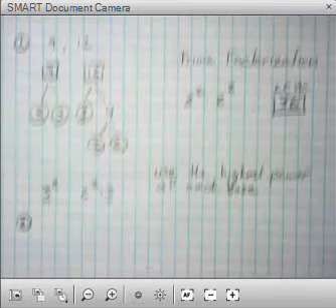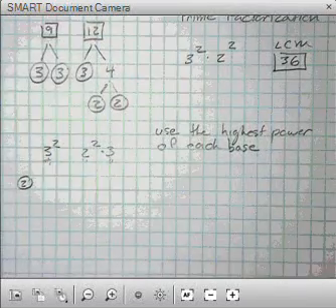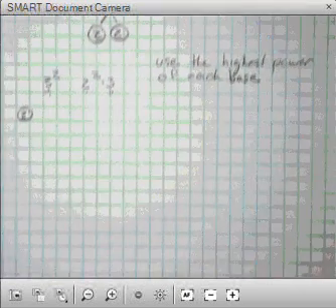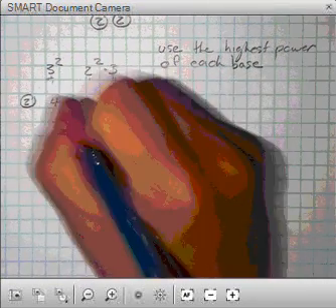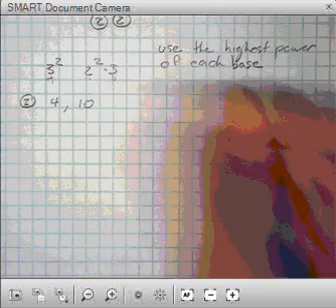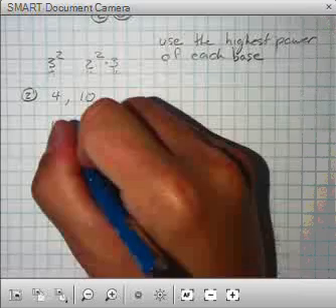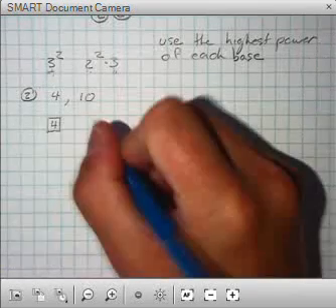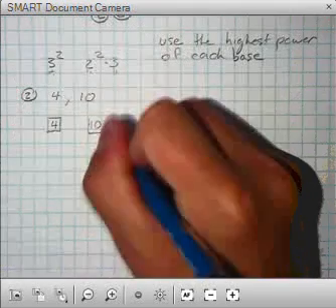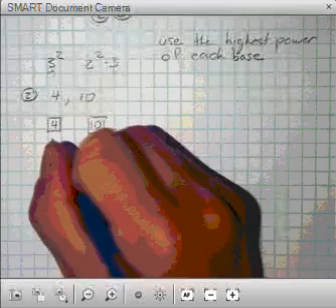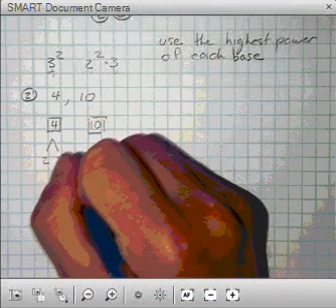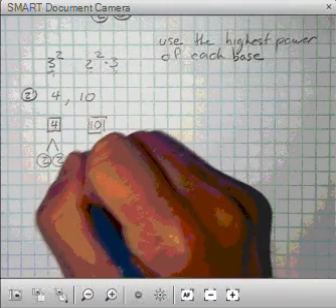Let's look at another example. Let's look at 4 and 10. Same idea. Start with your tree. 2 and 2. Those are prime numbers.